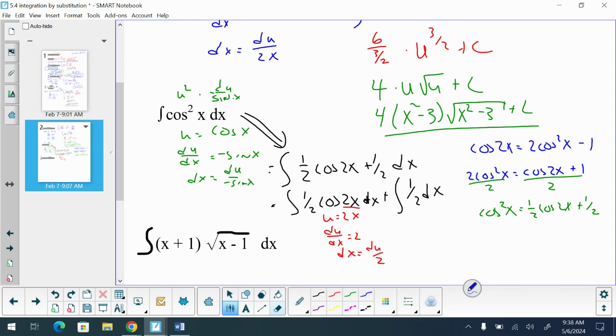When you deal with the cosine squared of x, it gets messy. And that's sort of where we're at here. We're left with 1/4 the antiderivative of cosine of u du, taking the 2 out with this 2, plus the antiderivative of 1/2 dx.